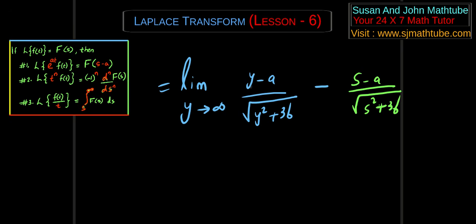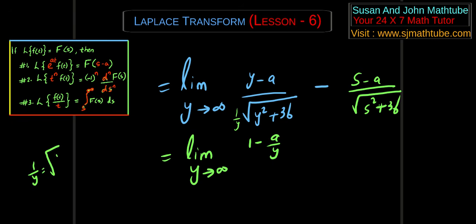Now look at this, the highest degree is y, so I'm going to divide this throughout by y. So y by y is 1, a by y, and here this 1 by y will go inside as 1 by y square, because 1 by y is actually root under 1 by y square. So divided by root under 1 plus 36 by y square.